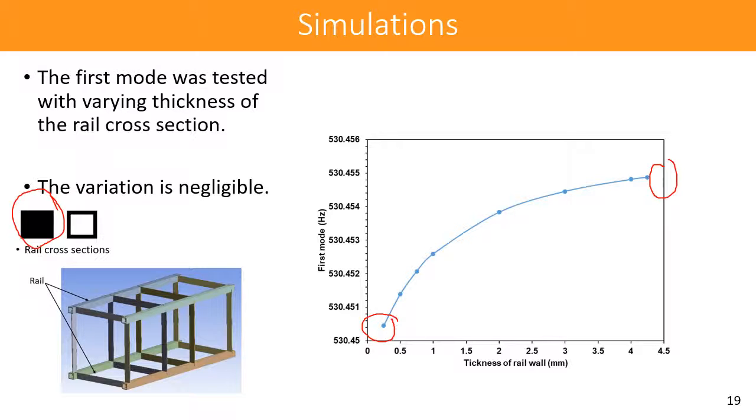What is important here is that the variation is too small, so at least for the simulation, it doesn't matter what the cross section of the rails is. However, I believe this is because of how the boundary conditions are set.